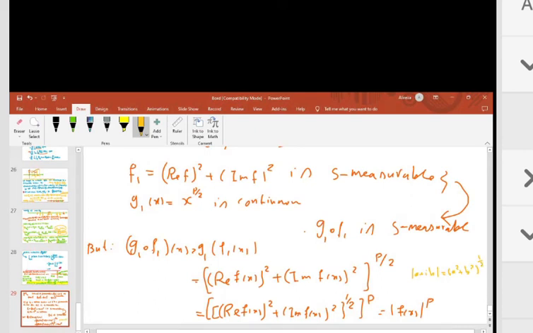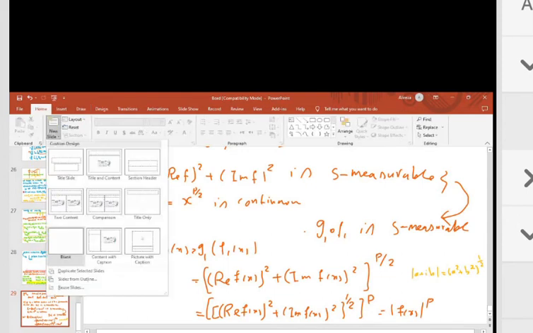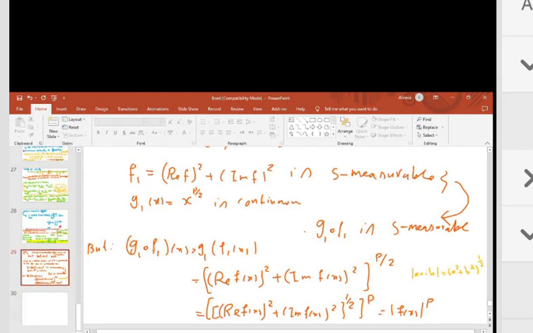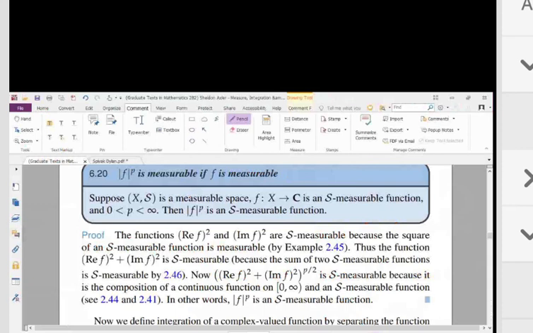So if f is measurable, the absolute value of f to the power of p is measurable too.